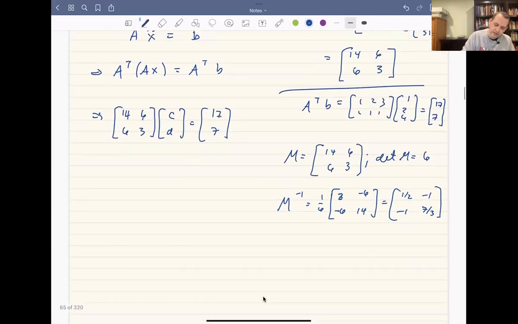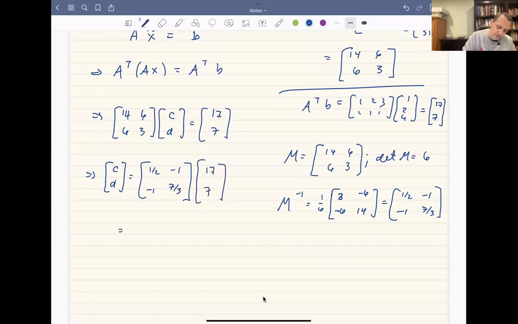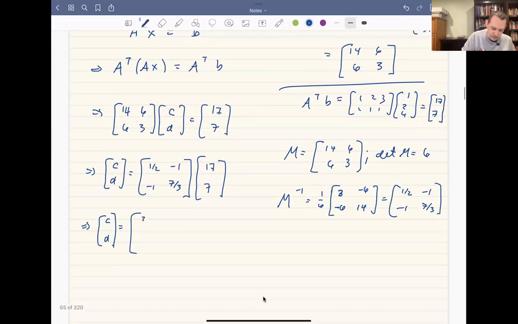And then finally, this means that (C, D) is going to be equal to the inverse, which we just said is (1/2, -1; -1, 7/3), times (17, 7). So our C and our D are going to turn out to be 17/2 minus 7. So let's see, 17/2 minus 7 is 17/2 minus 14/2, so that's 3/2.